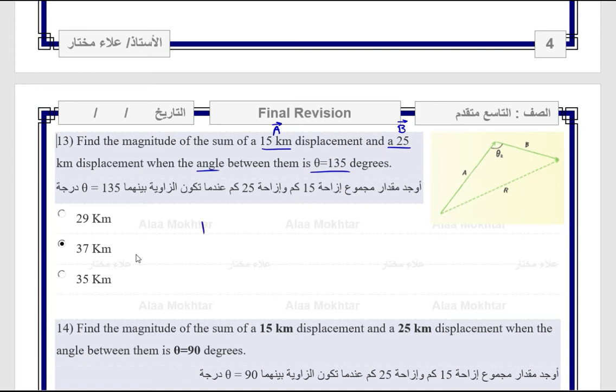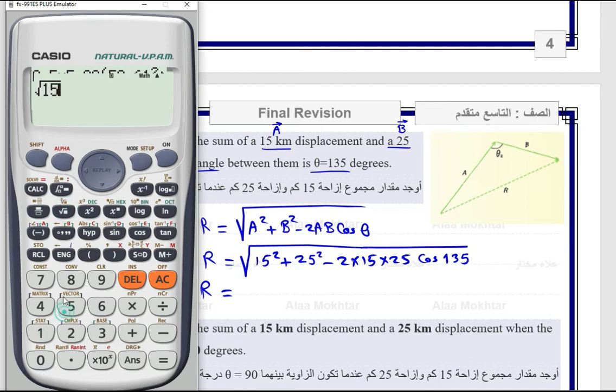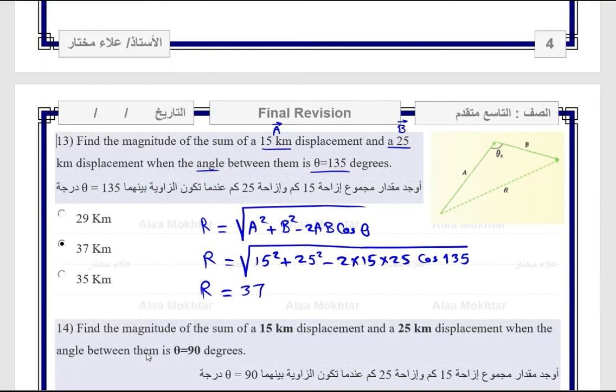We use the same formula: r equals the square root of 15 squared plus 25 squared minus 2 times 15 times 25 cosine 135, the angle between the two vectors. The answer is 37 kilometers.